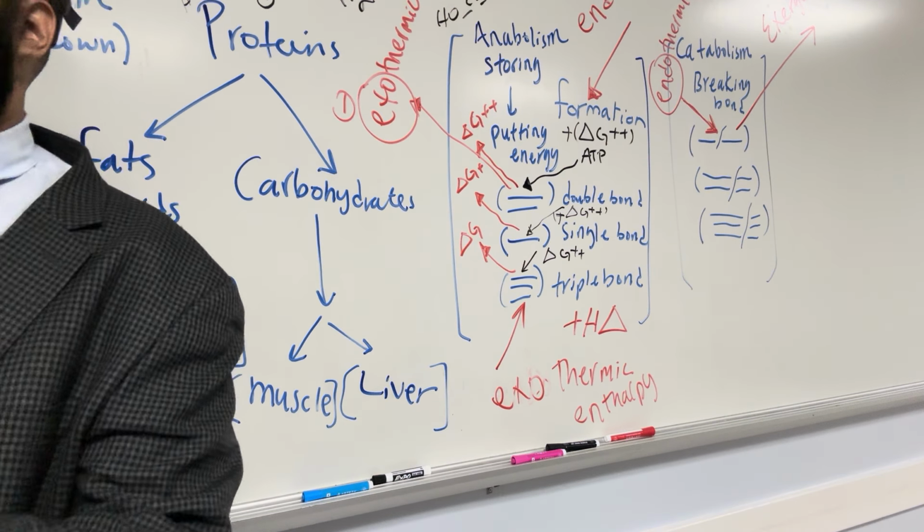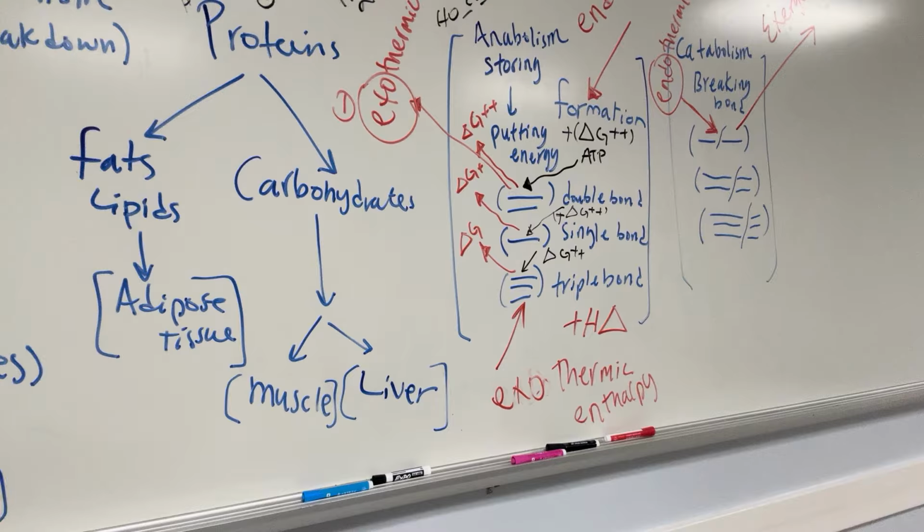And we said the opposite is the lysis. So hydrolysis, when I break the bond, whether I broke a peptide bond, a glycosidic bond, a glycerol and free fatty acid bond, or a phosphodiester bond, whenever I'm breaking a bond, the energy is always exergonic or endergonic?